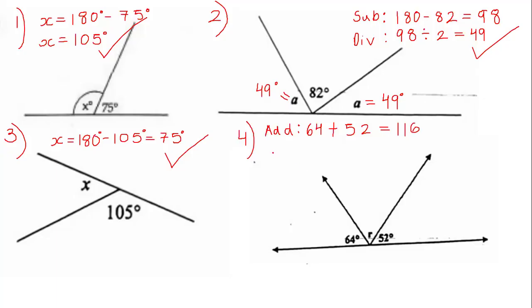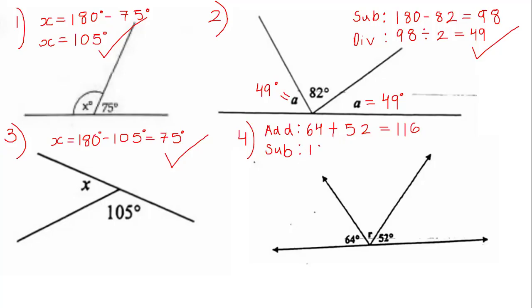Now, you could believe something: if you do it the opposite way, you get 116 too. Yeah, that's true, because that's the commutative property of addition. It doesn't matter which way you add, it's still the same thing. All right, next, what are we going to do after that? You subtract 116 from 180 and you get 64. Very good.